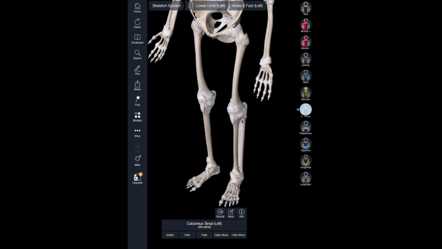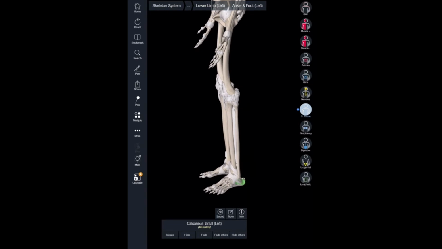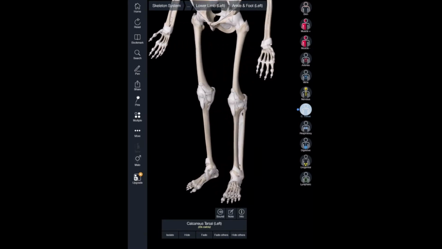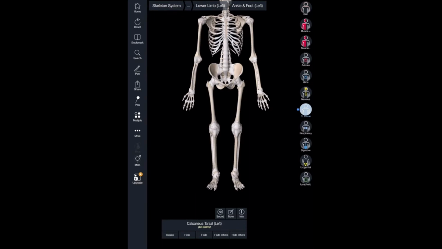So it's pretty easy to remember because in the lower extremity, there are 7 tarsals, whereas in the upper extremity, there are 8 carpals. But in the lower extremity, we count the patella. And in the upper extremity, there's no equivalent of the patella at the elbow. And so it comes out to the same number of bones. So there are 30 bones in the lower extremity, 30 bones in the upper extremity.